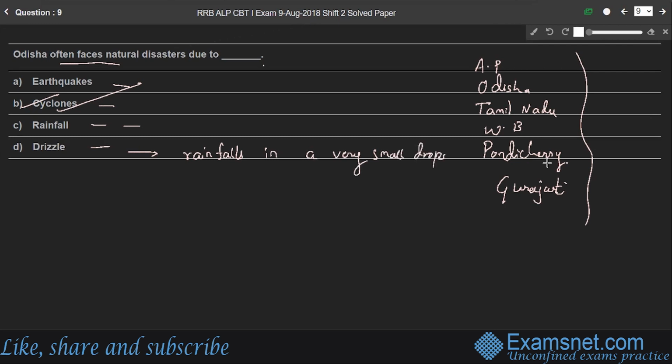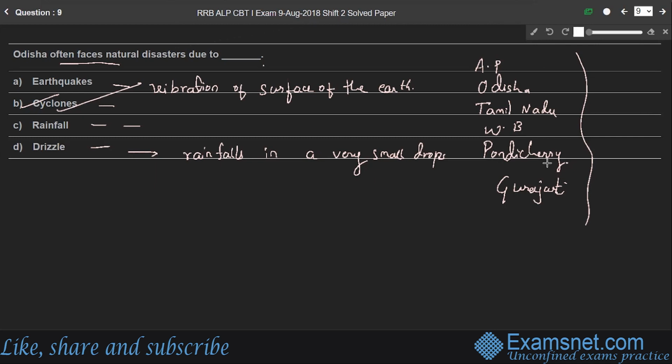Whereas earthquake is nothing but the vibration of the surface of the earth. It is due to the elastic or isostatic adjustment of the rock beneath the surface, which is called earthquake.